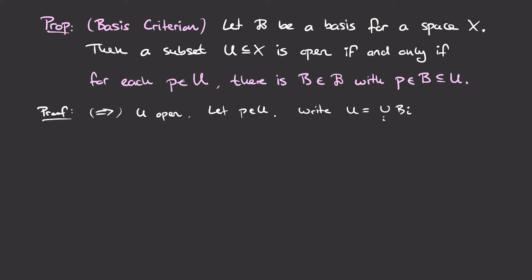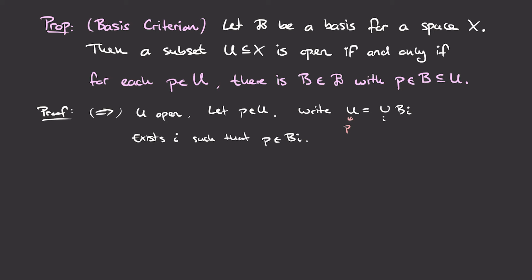The point P lies within U, and hence within this union over the Bi. So there exists some i such that P lies within Bi. This is just because P lies in U, which is the union over these Bi's, so P must lie in at least one of the Bi's.